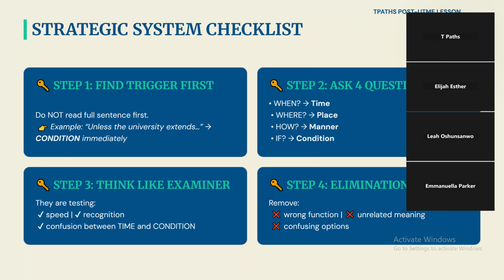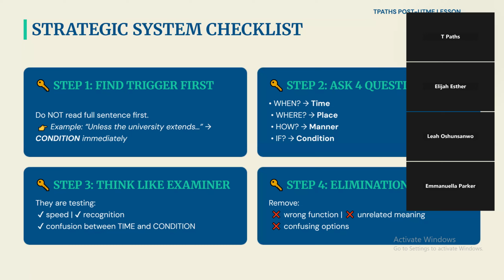Please do not read the full sentence whenever you come across a question. For example, "unless the university extends," don't read the question, just focus on the trigger words. You can see "unless" there, you know that that's condition immediately.